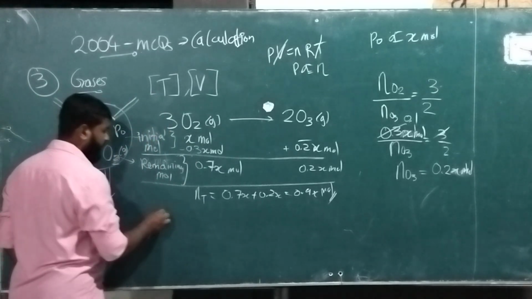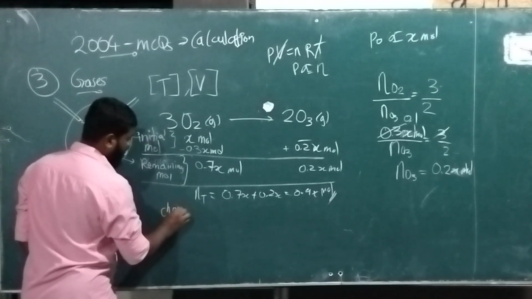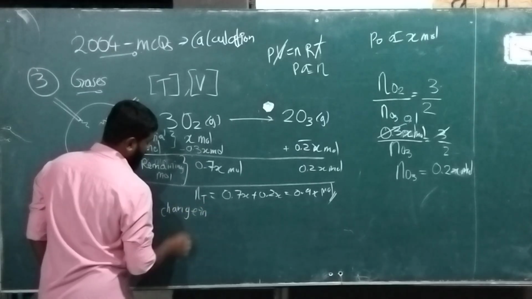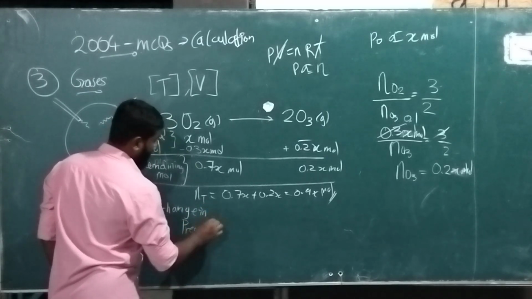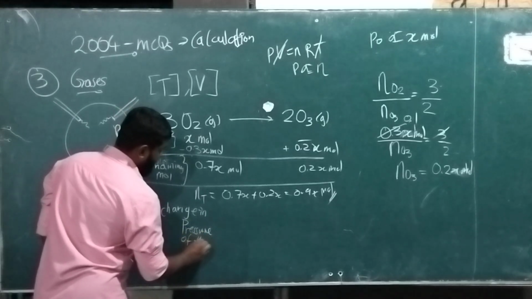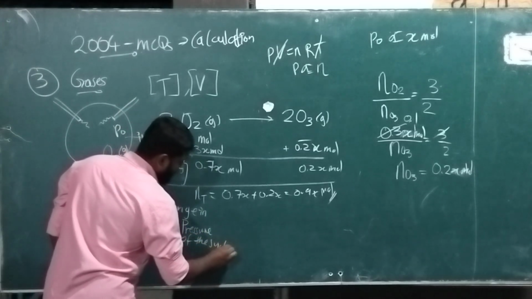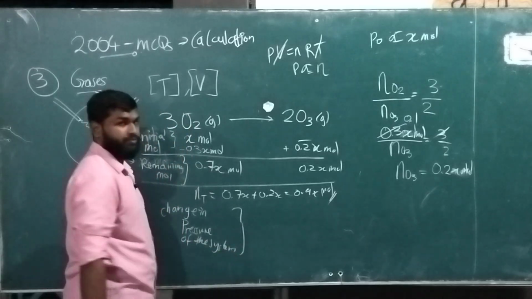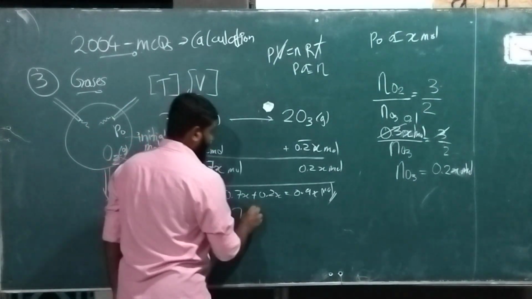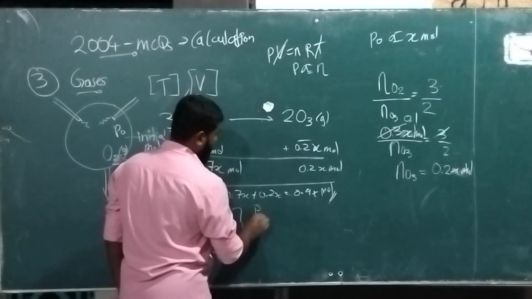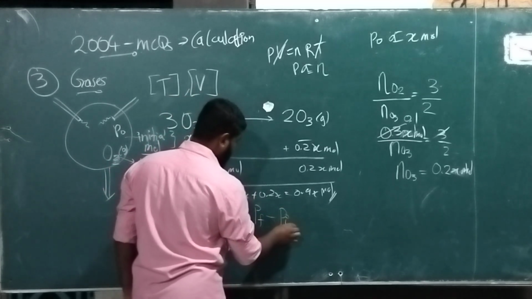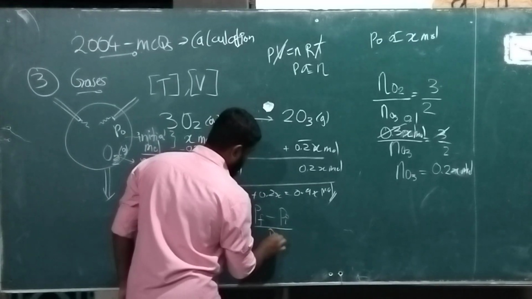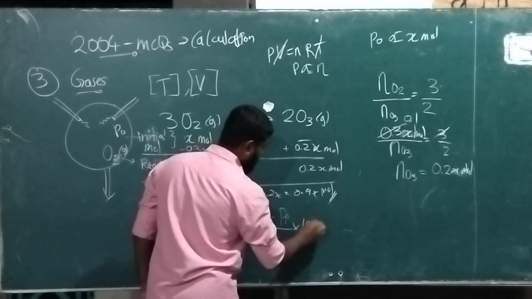So you have to write the change in pressure of the system is equal to the final minus initial pressure over the initial pressure that you had in the system, into 100%.